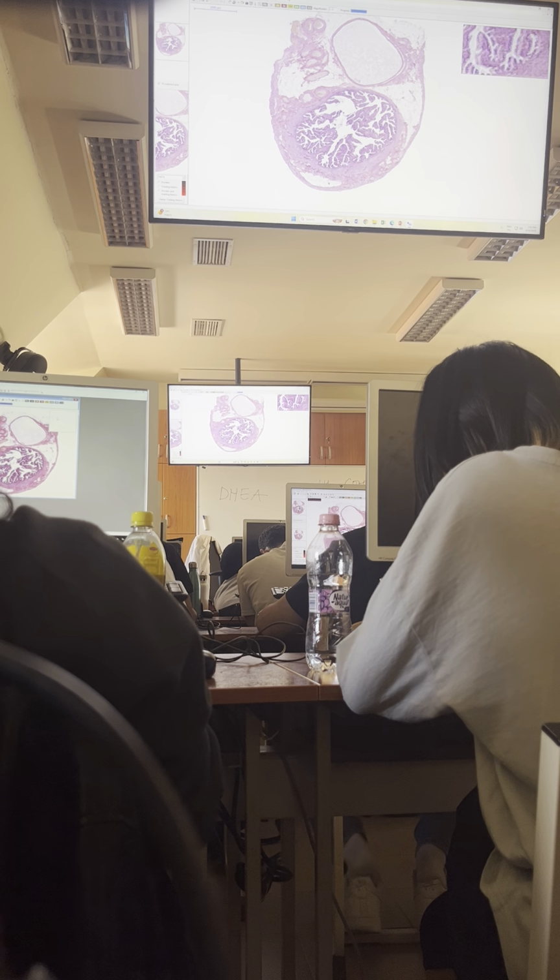Below we have the lamina propria, connective tissue, and there is no muscularis mucosae. Generally in the urogenital tract we don't have muscularis mucosae.